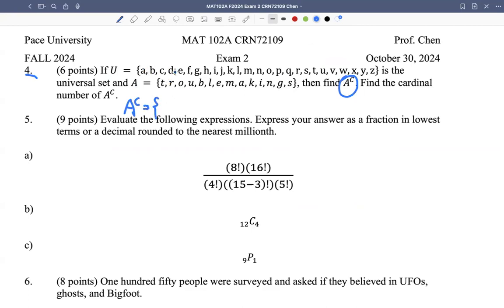Okay, so let's write down A complement here. But first, we're going to use U and A, and cross off what is in A. T is in A, and R is in A. O in A. U in A. B in A. L in A. E in A. M in A. A in A. K in A. I in A. N in A. N. G, S. Okay, now just write down the rest of U in the A complement.